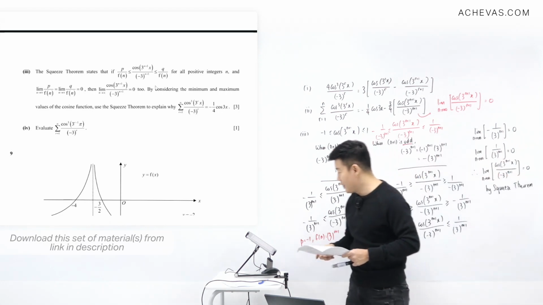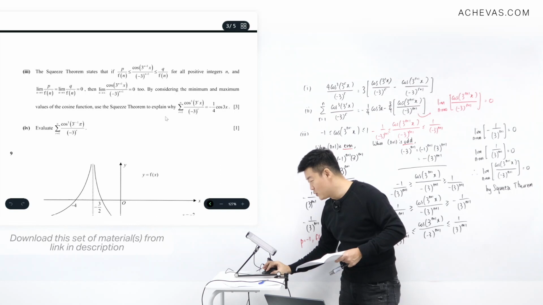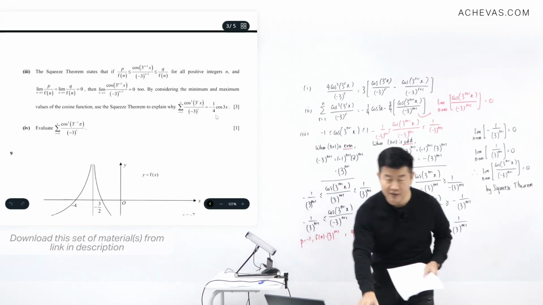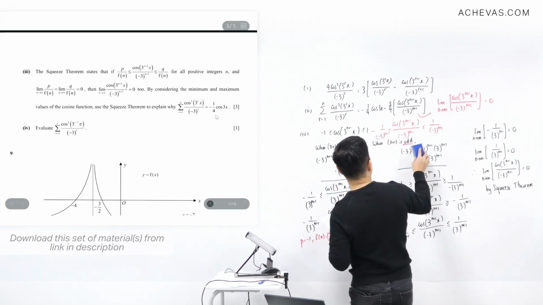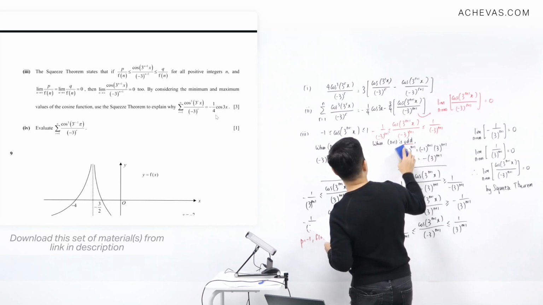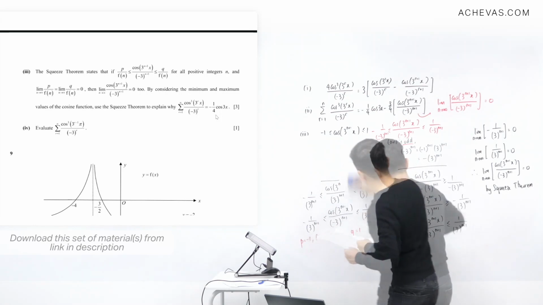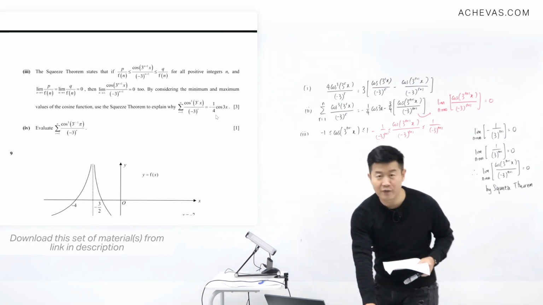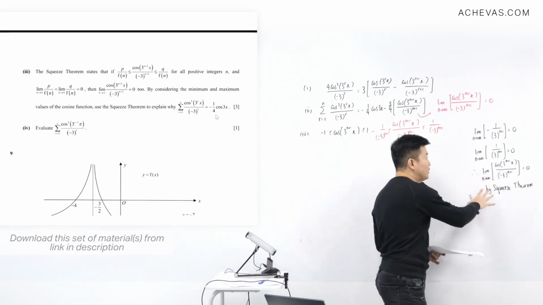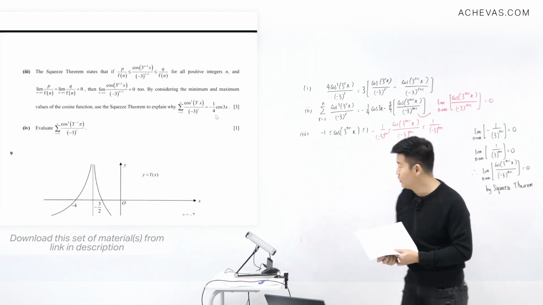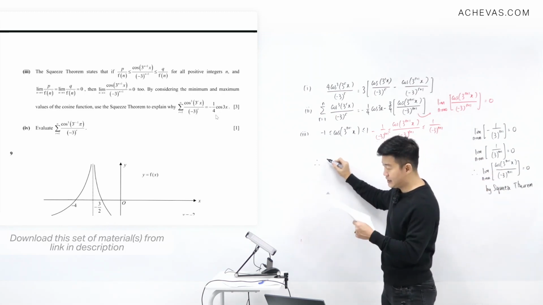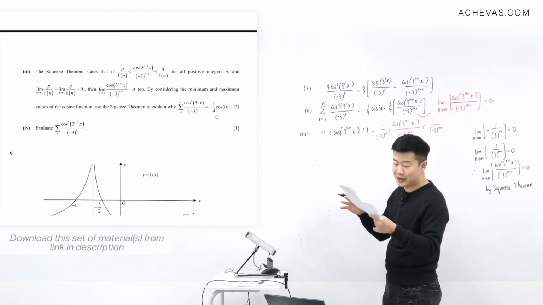So once we have proven this, by considering the squeeze theorem, explain why this is going to be equal to this. Let me erase this part and give myself a bit of space to write down the limit. Based on the squeeze theorem, we have concluded that this expression is equal to 0. Therefore, we are finally able to answer the question.